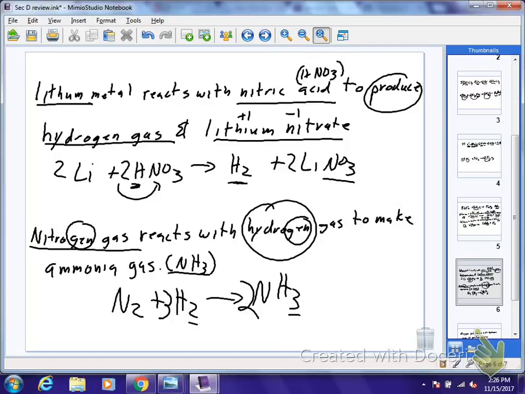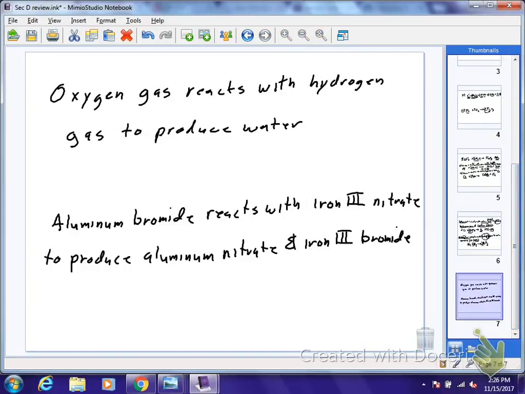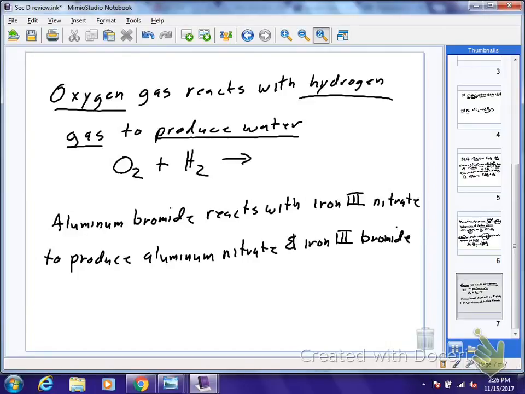Okay, and then I believe the last 2 on our list, oxygen gas is O2. Hydrogen gas is H2. Produces water, H2O. So then we're good to go there.